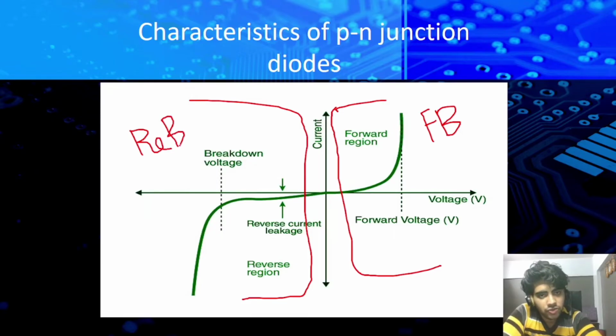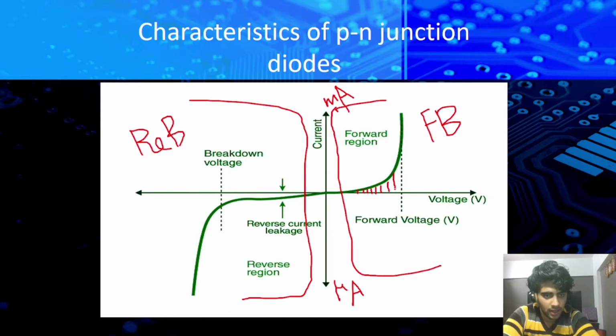Now, as we know, in forward bias the current is in milliamperes, and in reverse bias it is in microamperes. As we all know, in a semiconductor there is always a very small flow of current. As you can see, when there is an increase in voltage, there is a little increase of current.